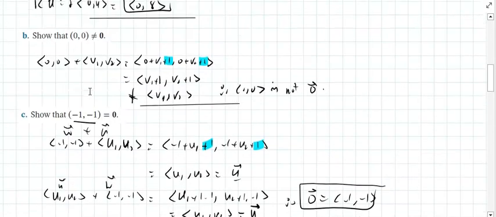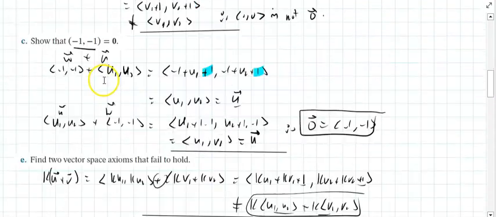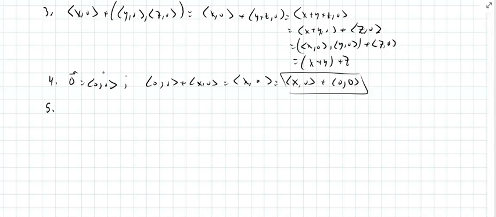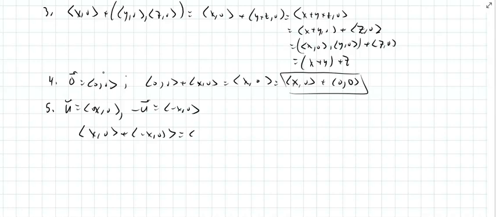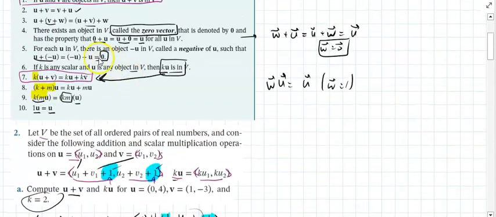I forgot 5. 5 was, oh, u plus negative u equals 0. Okay, so if I take, for all real numbers, if I let u equal x,0, then negative u will be negative x,0. And if I take x,0, which is u plus negative u, that would be 0, 0.